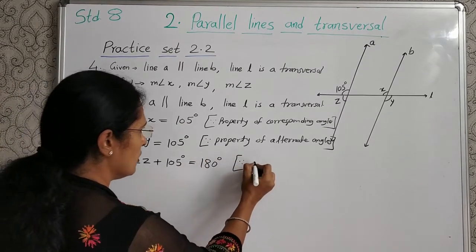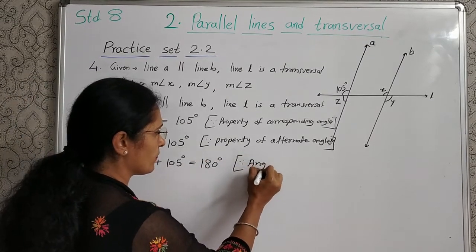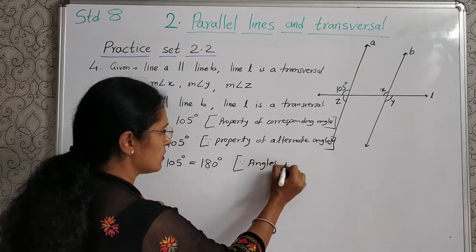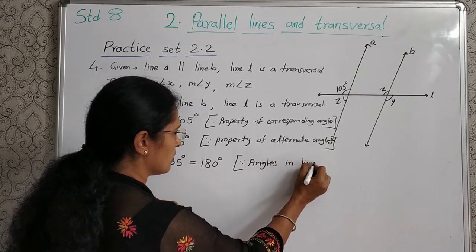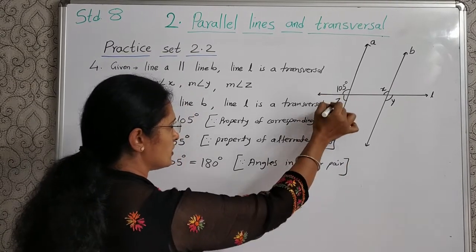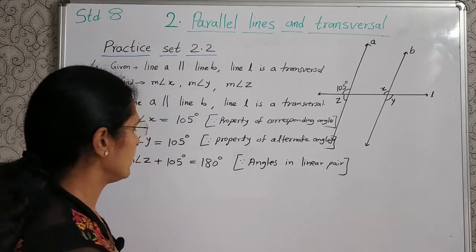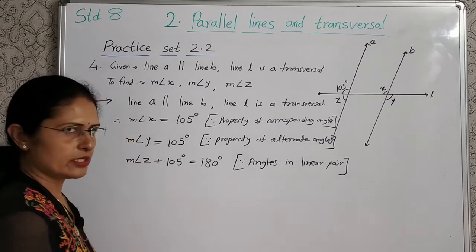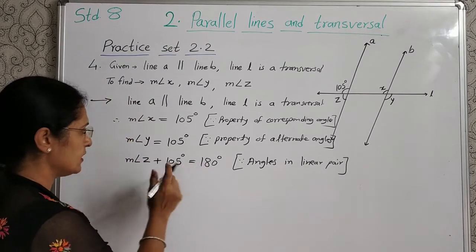The reason, angles in linear pair. These angles form a linear pair and they are supplementary. It means their sum is 180 degree.